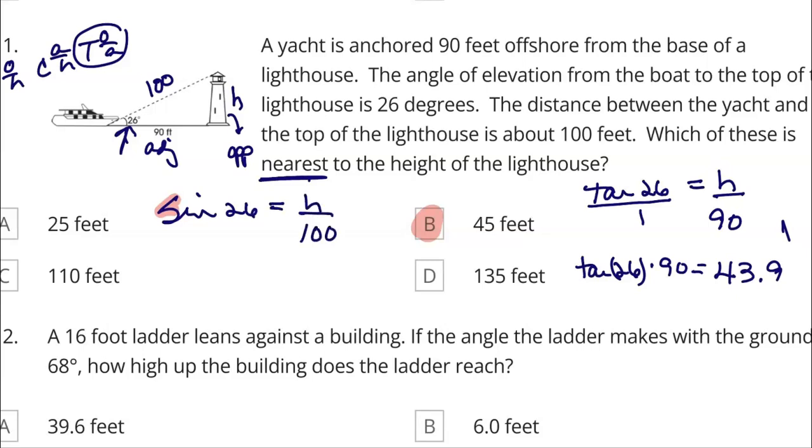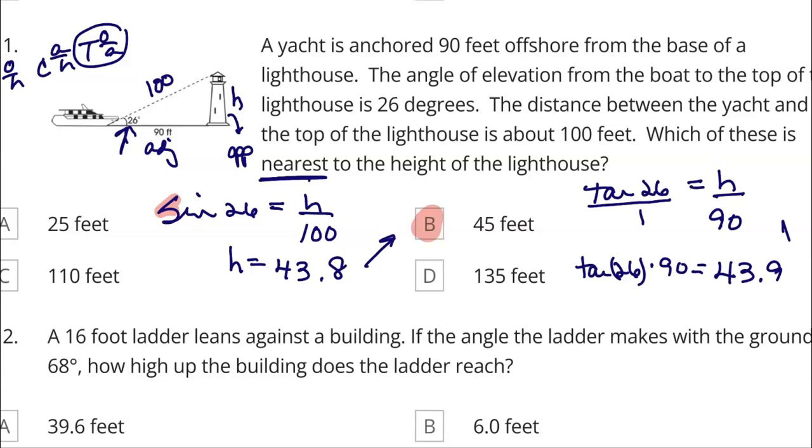What do you get if you say 100 times the sine of 26? There I get also 43.8, so it's slightly different, but that's still the right answer.